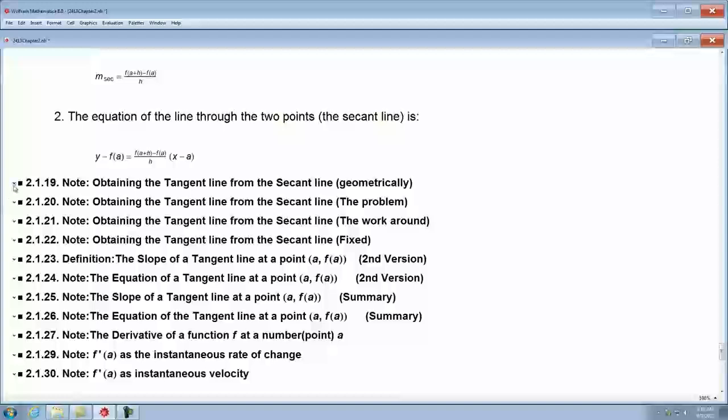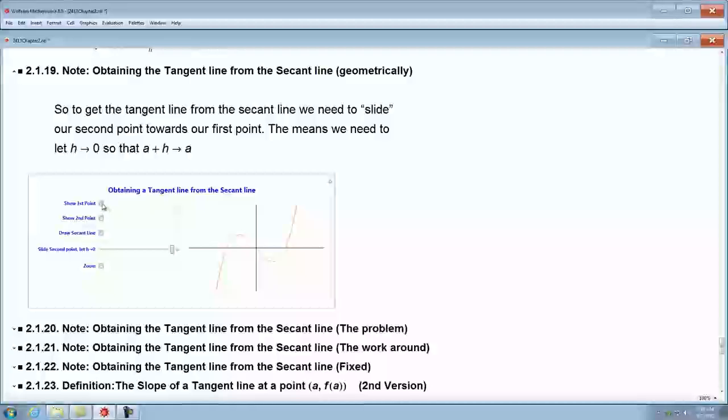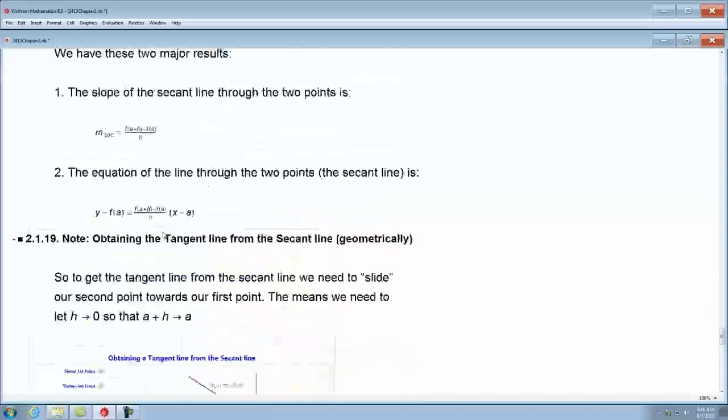So when we try and do this again, we take our 2 points, we draw a line, and now what I'm going to do is make this point move towards this point. Instead of x approaching a, I'm going to let h become 0 or get close to 0. Now, why is that happening? Well, let me take you back up here.